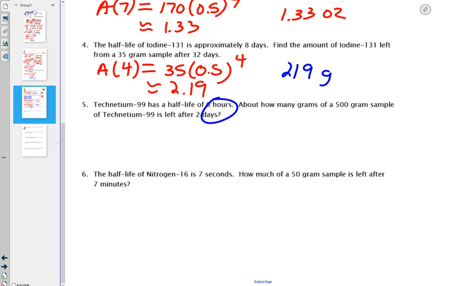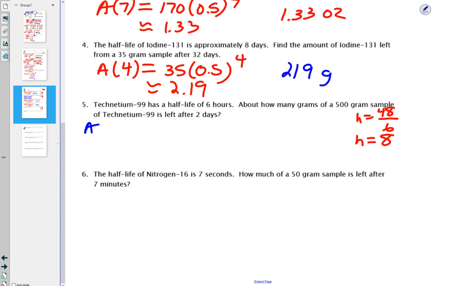Normally I would go to, and actually watch, I will do that this time. I'm going to go to the smaller one. How many hours are there in a day? 24. So when I go to figure out how many half-lives, there's 2 days. The total time times 24 is 48. So it'd be 48 divided by 6. This is going to undergo 8 half-lives.